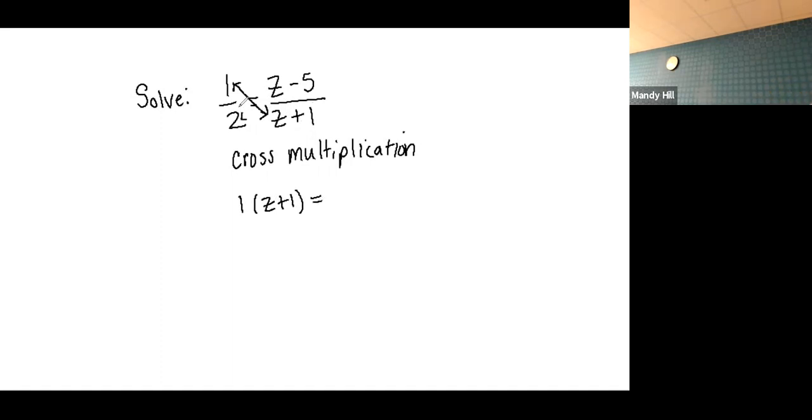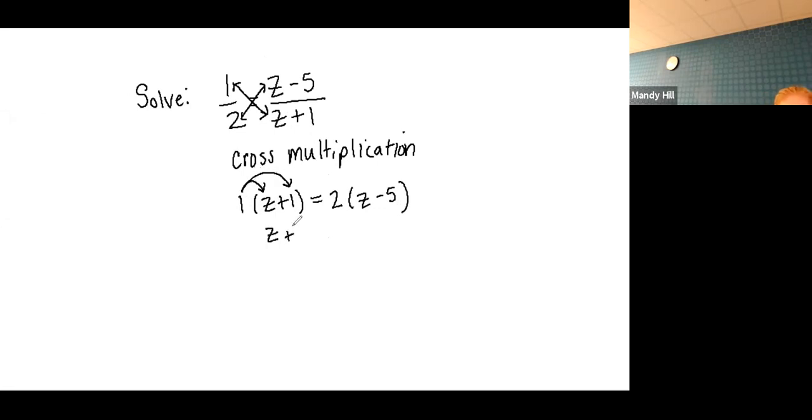Then you take the other numbers that are across from each other and you multiply them. So you have 2 times z minus 5. Now it wouldn't have mattered if I put the 2 times z minus 5 on this side and the 1 times z plus 1 on this side. That would make no difference. But these things are equal to each other. So when we do the distributive property and get rid of the parentheses, well, 1 times z is just z.